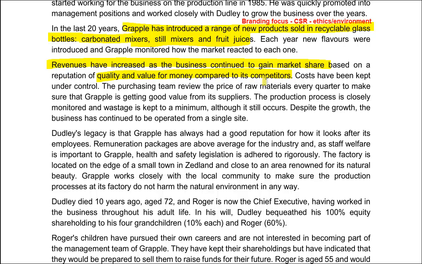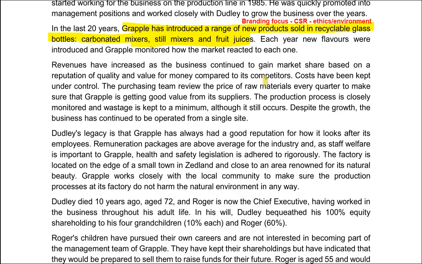So again, a number of things to pick out. On top of the environmental branding elements we can pick out from the sentence, we can also see that they are not afraid of creating new products and putting them to market. They have a number of products we can see in 3 different categories.